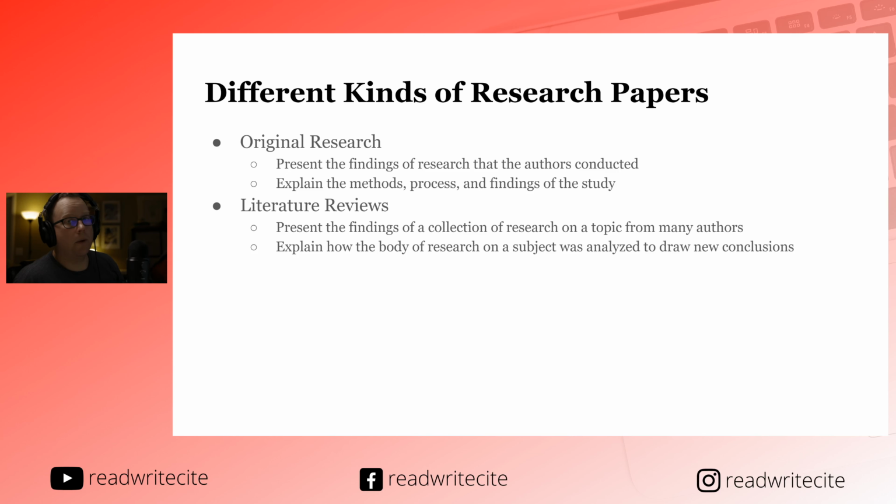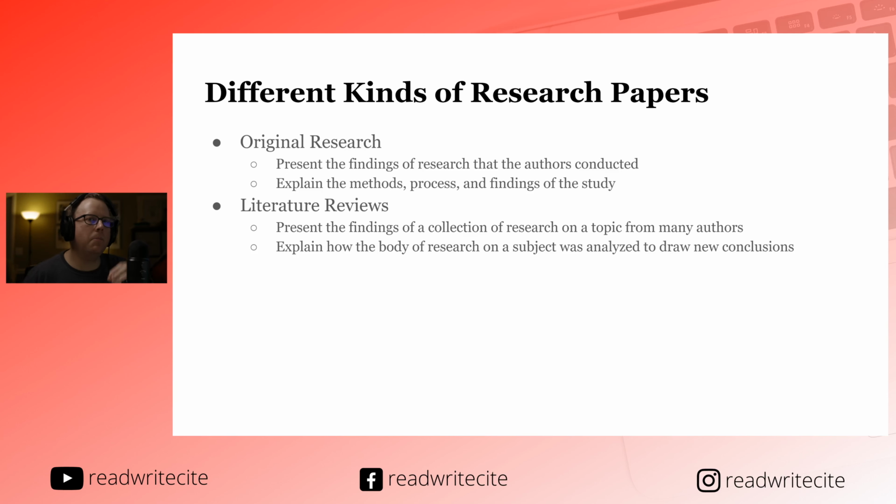One, original research. Now, I use this term. This could apply to all of it in general, but I'm making two categories. So here's my distinction. Original research, the way I'm using that term today, the authors have conducted an experiment. They did something to collect new information, right?